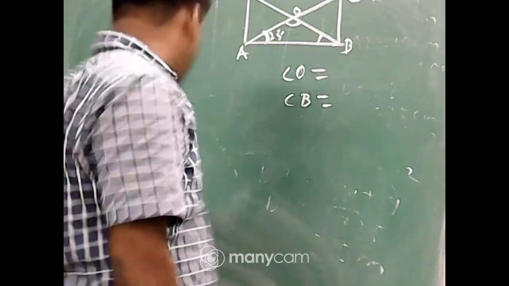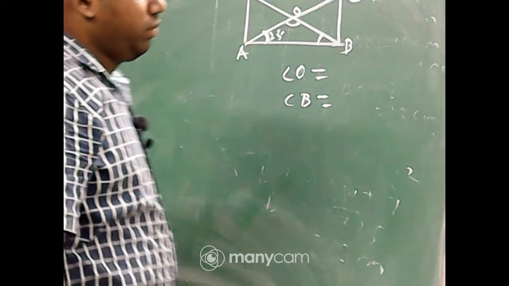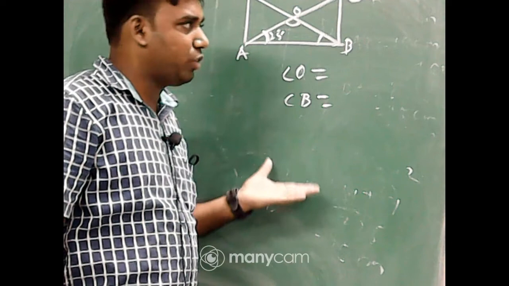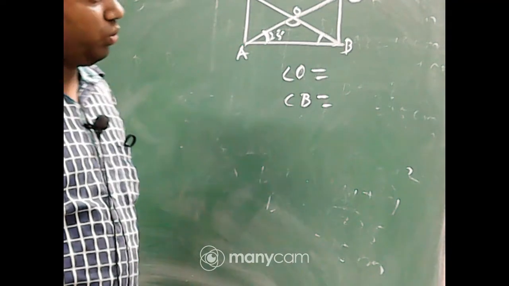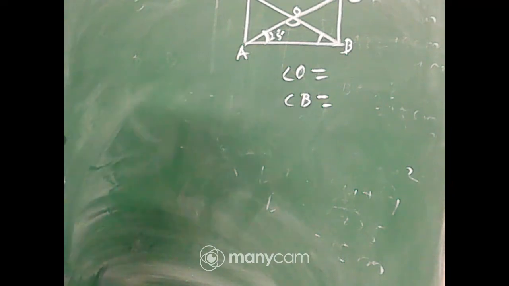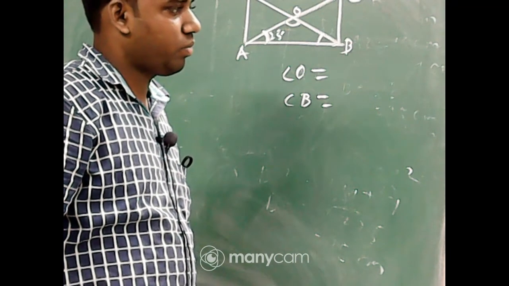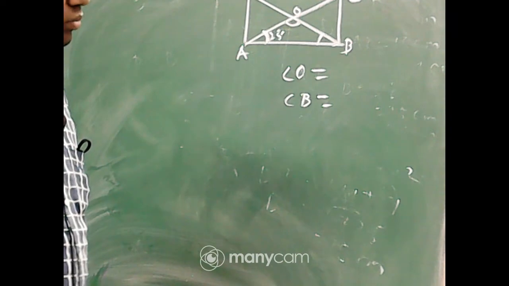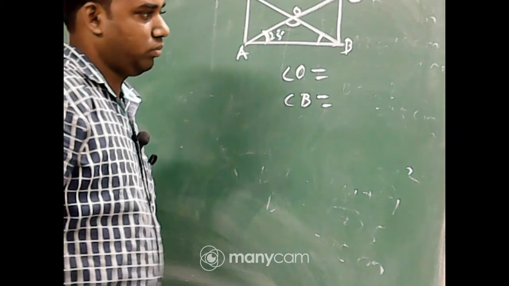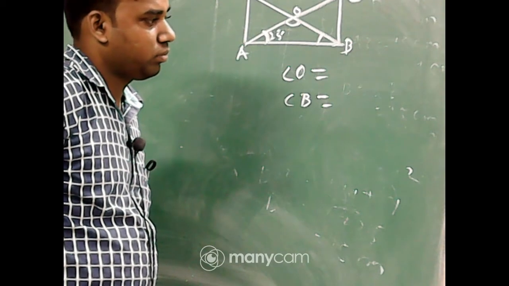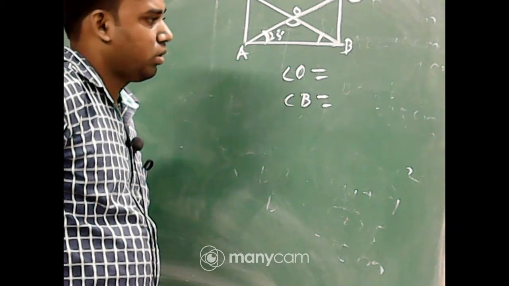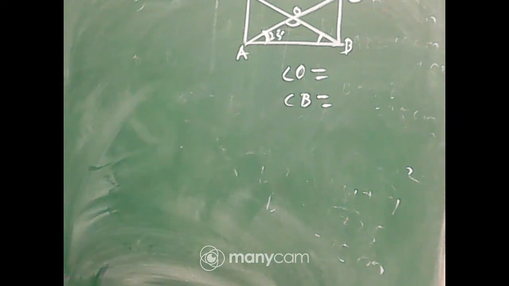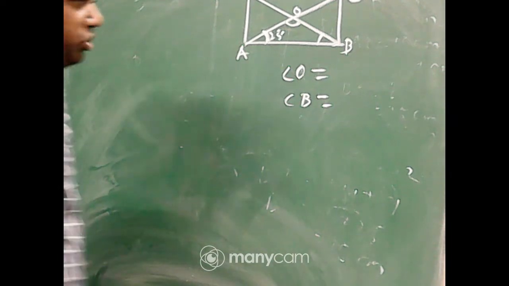Angle B and angle O. Solve it quickly. In case of B, you can write ABO. Three people are typing.